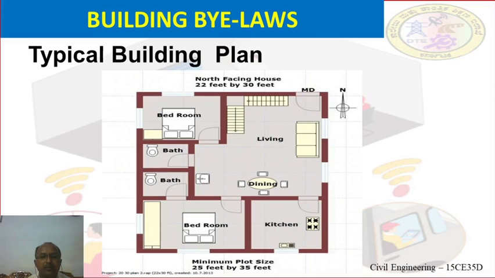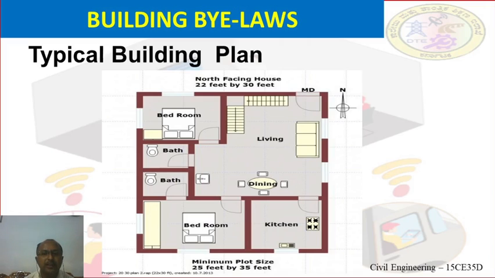Here, as I told you, the building plan must contain the north direction of the building, and here the different rooms are to be shown clearly with the dimensions, and the thickness of the wall is to be shown in the typical building plan. And the positions of the openings, as I told you, the positions of the doors, windows, and ventilators are to be shown.